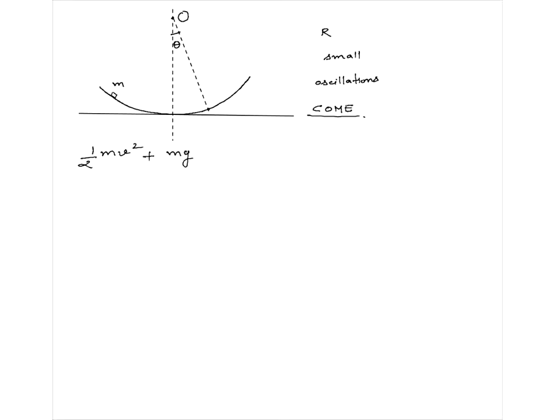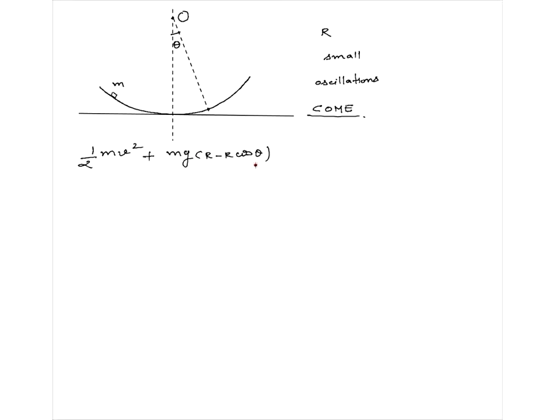That will be multiplied by mg. mgh. What is this fellow h? R minus r cos theta. If anybody has difficulty in understanding this part, raise your hand and I will try to explain.